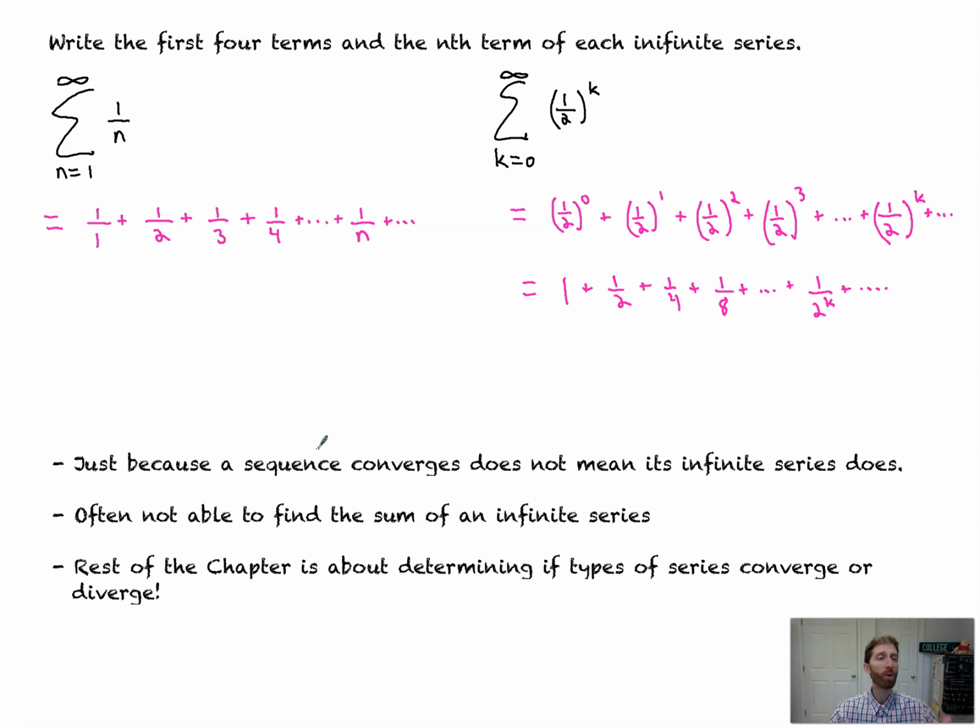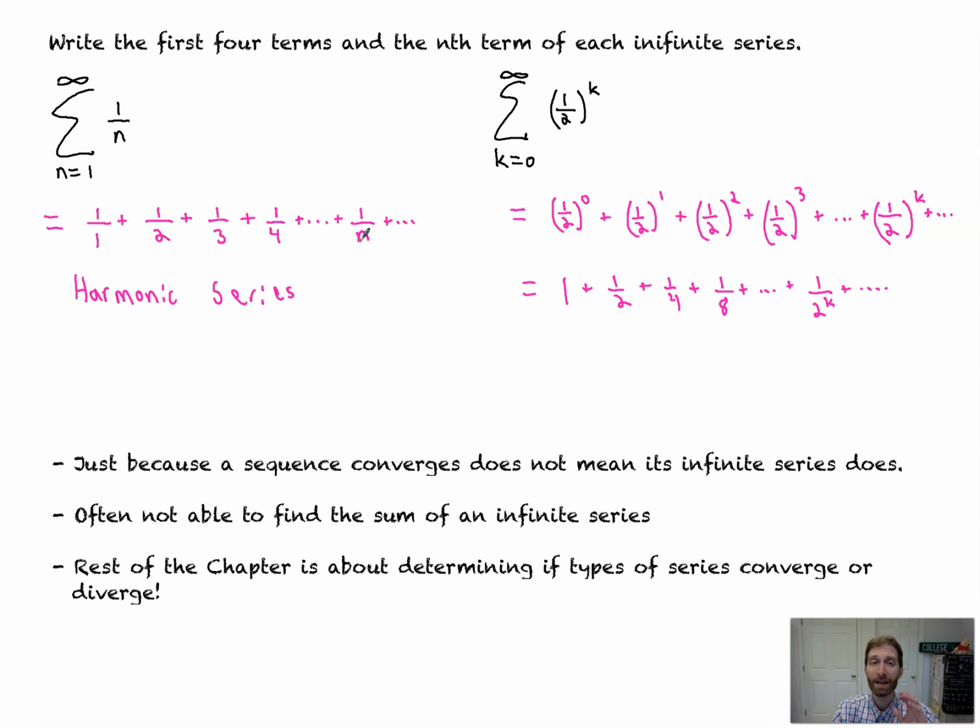And a couple of important points, actually 3 of them here. We've got, just because a sequence converges does not mean its infinite series does. This is actually known as the harmonic series right here. Isn't that cool? So I'm going to write that down so you see it. It's got a lot to do with music theory, believe it or not. I'm not going to get into that in this class, but it is cool. The harmonic series, and even though that sequence converges, right, 1 over n, the limit as n goes to infinity of 1 over n goes to 0.